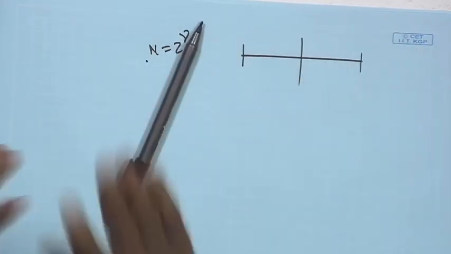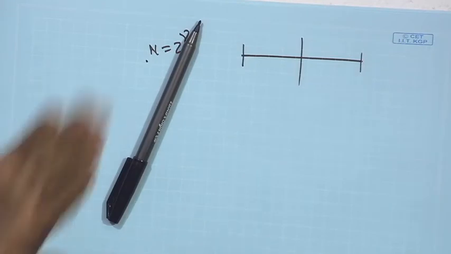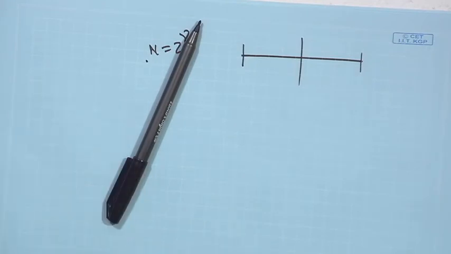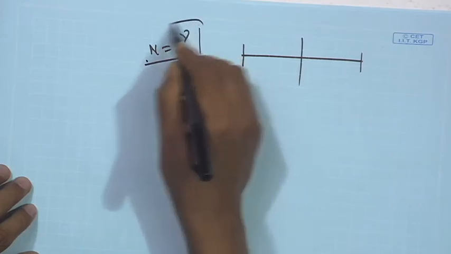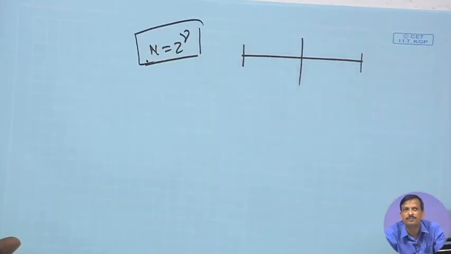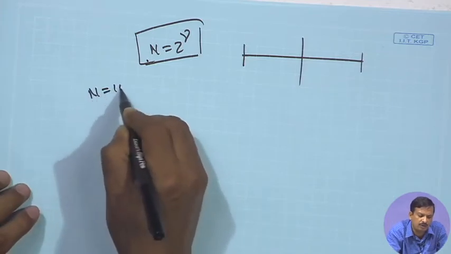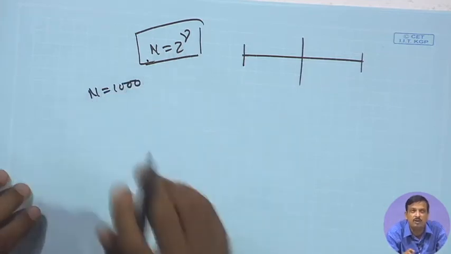It's like binary search, the whole thing divided in the middle, first part, second part, and then I use the first part, then I use the second part, that way I want to do it. So, the length of the DFT must be expressed in this way, 2 to the power something. So, I cannot take N equal to 1000, because it cannot be expressed as 2 to the power something.